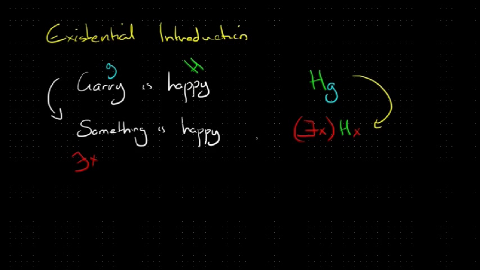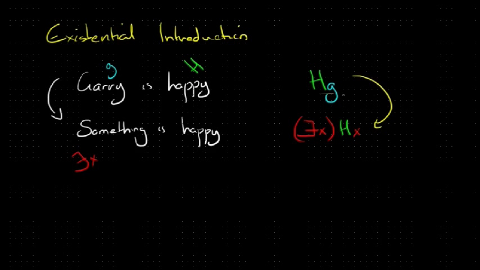And the thought is that just as this sentence implies this sentence, so does this formula entail this formula. So our rule for existential introduction is going to follow this kind of inference, and it's really quite simple. If we've got a formula like Hg, then so long as there's a constant there, we can go through that formula and replace that constant with a variable and then bind that variable with an existential quantifier, which will take scope over the entire formula.